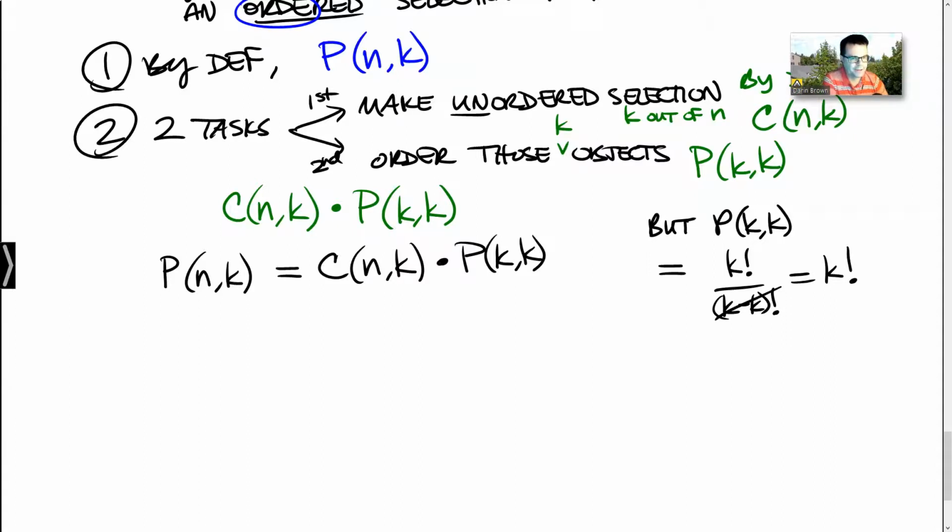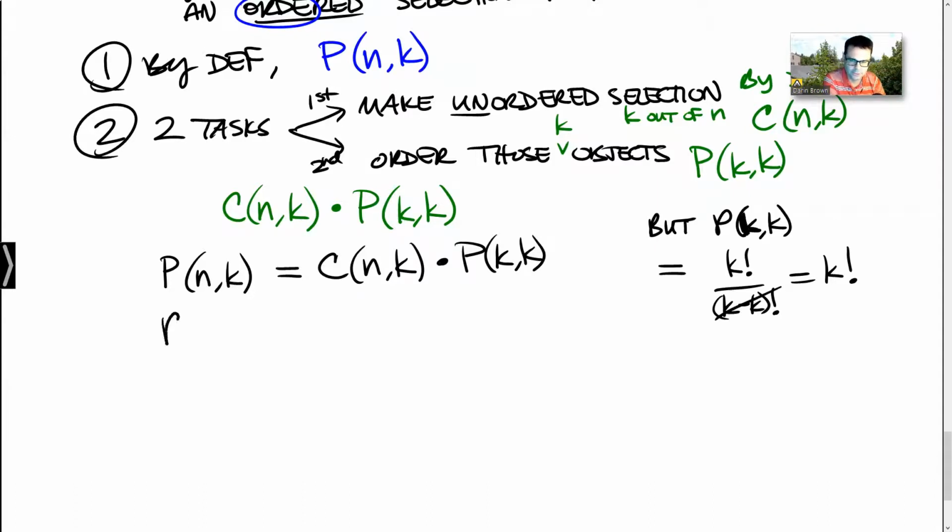Another way to think of it is, if you're rearranging k objects, the number of ways of doing it is k times k minus 1, k minus 2, all the way down to 1. So if you're rearranging, say, 10 objects, it's 10 times 9 times 8 times 7, 6, 5, 4, 3, 2, all the way down to 1. So that's 10 factorial. In this case, k factorial.